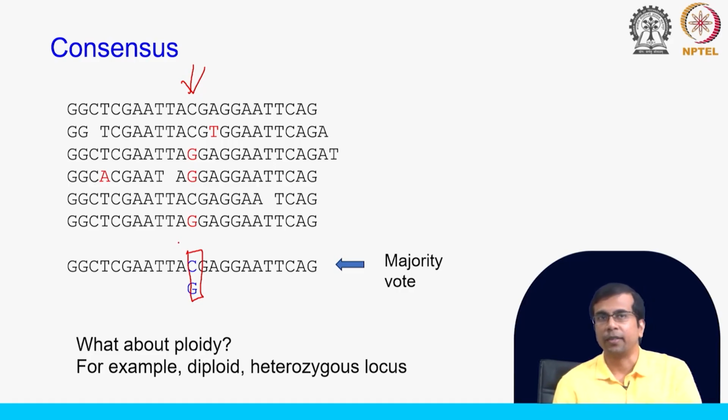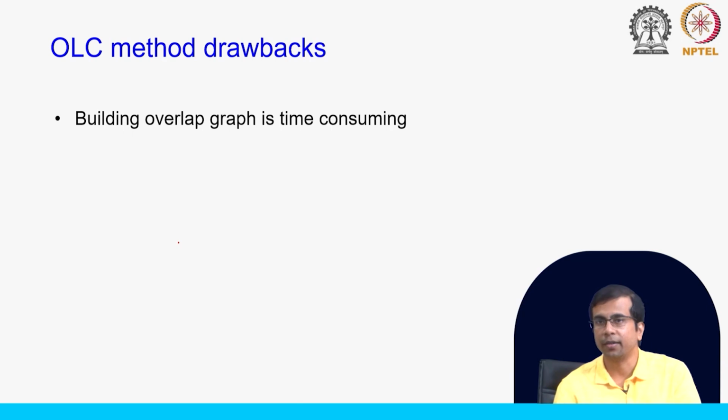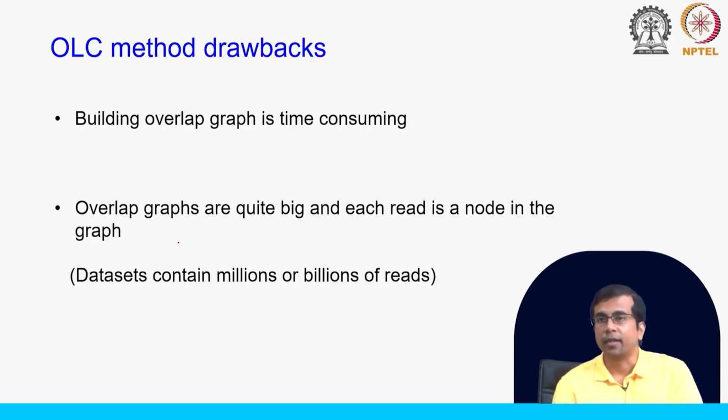So this is the consensus step, and the major drawbacks of this OLC method we have already mentioned: building the overlap graph is time consuming. It takes a lot of time because we are doing this pairwise comparison across a large number of reads, and these graphs are quite big. When I say big, we have billions of reads in there, where each of these reads will be a node in the graph, and we would have to store this structure in the memory.